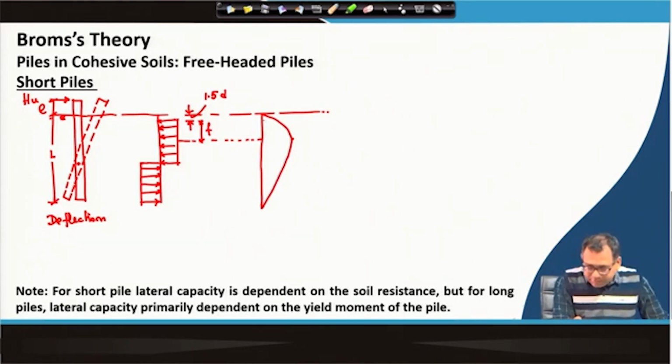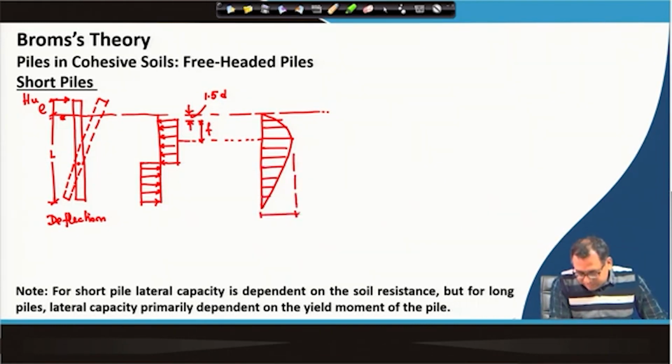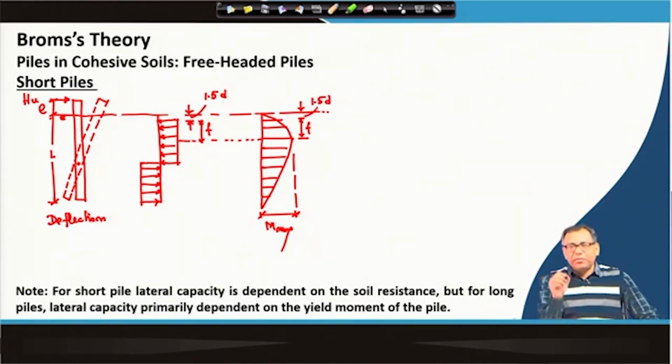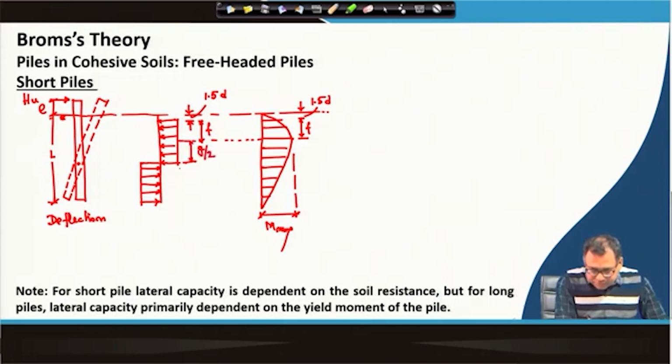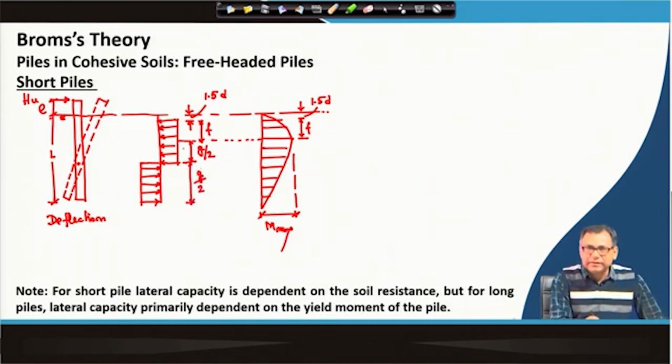So, I can write that this is M max, which is at a distance of f, or in total 1.5d plus f from the ground surface, and this distance is g plus 2, and this is also g plus 2. This is not to scale. Okay.